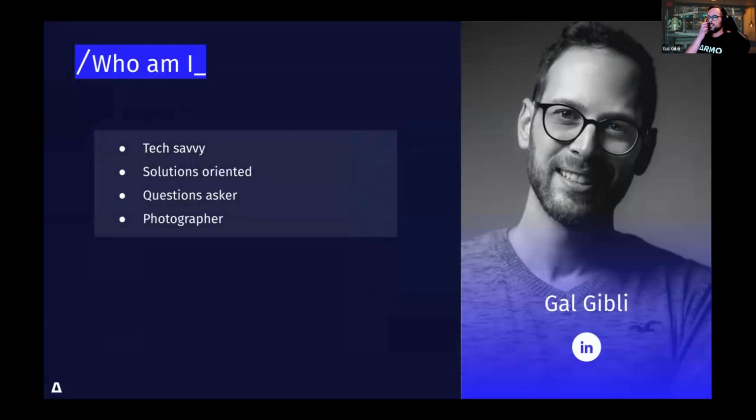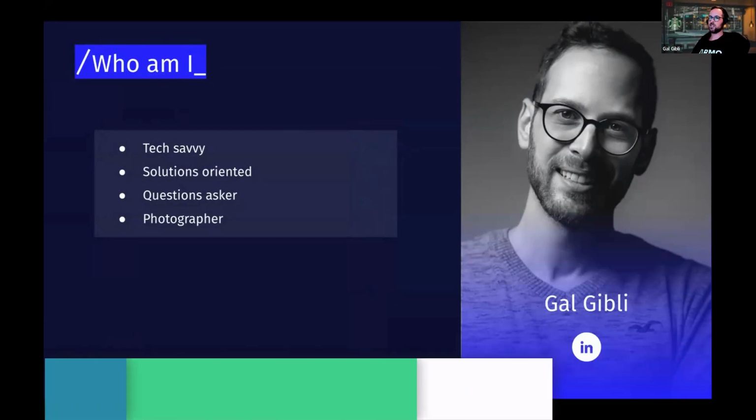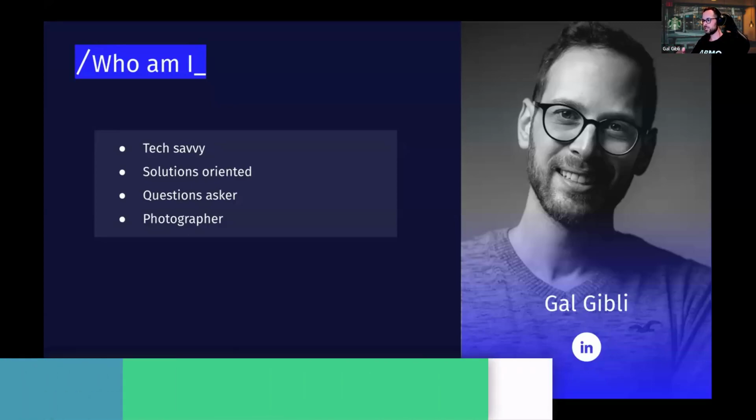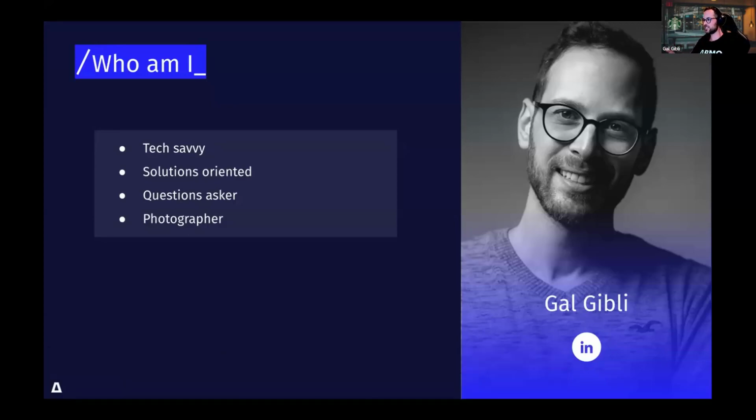So I'll just introduce myself shortly. My name is Gal, and I'm a product manager at ARMO for the past year. I'm tech savvy. Everything that involves technology makes me excited in one way or another. And I'm solutions oriented. I like to find solutions because, you know, finding issues is always easier. And I like the challenge.